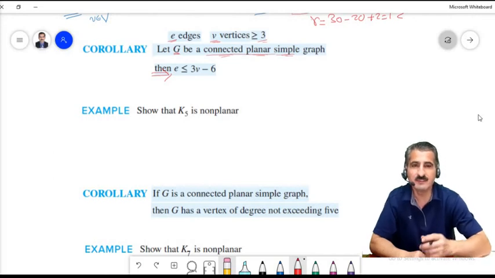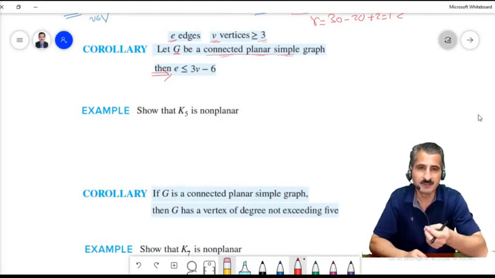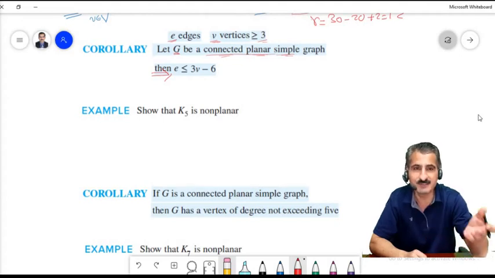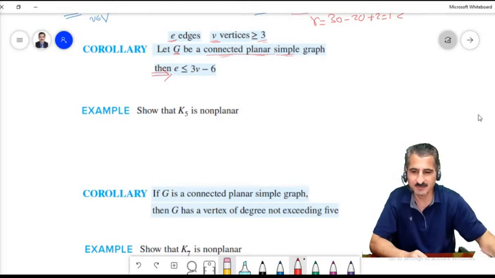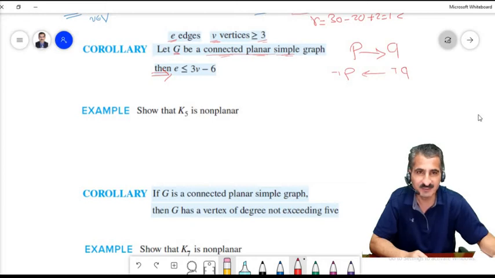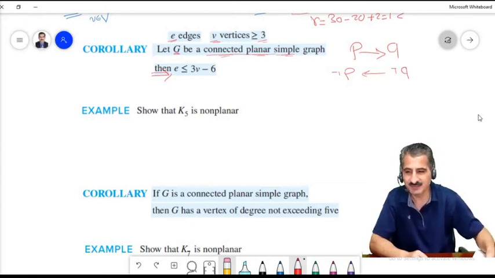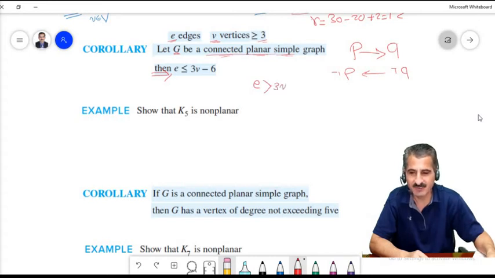Now how will this corollary help us? It says if the graph is planar, then this must happen, right? And remember, P gives Q is equivalent to saying not Q gives not P. So what we get here is, if E is greater than 3V minus 6, then we will conclude that G is not planar.